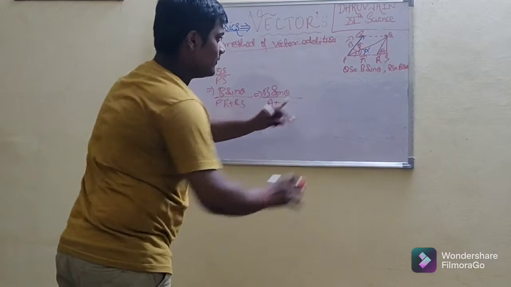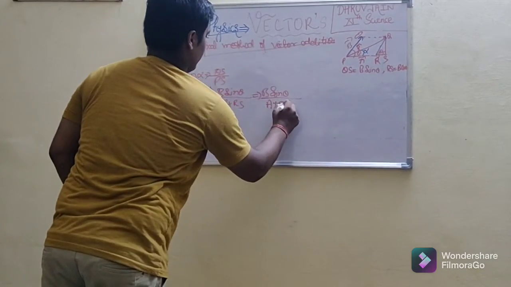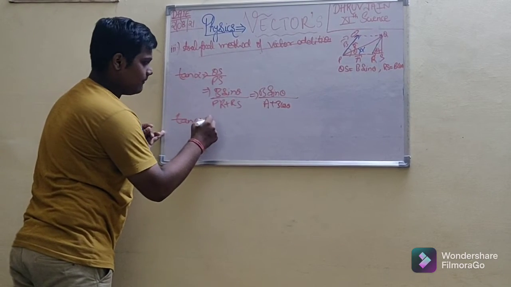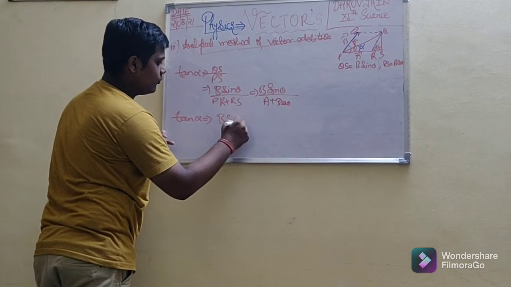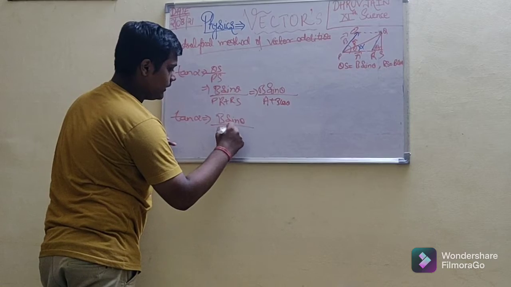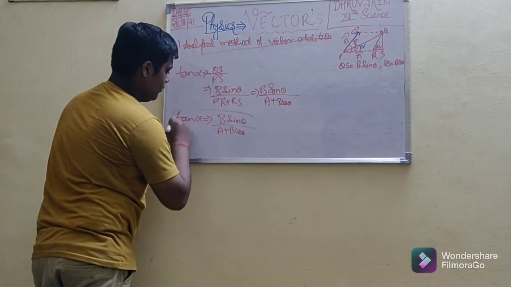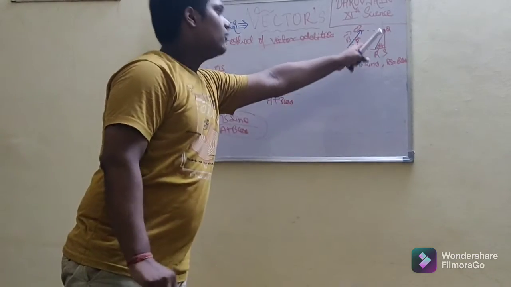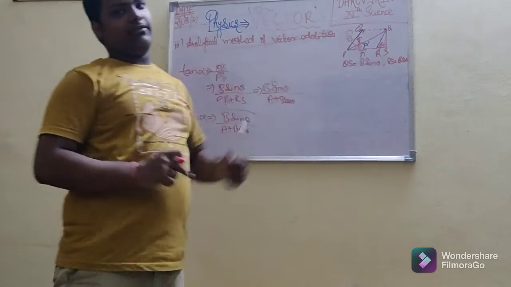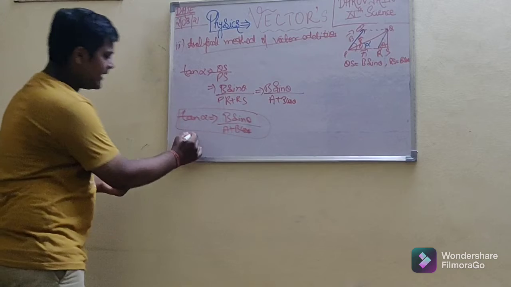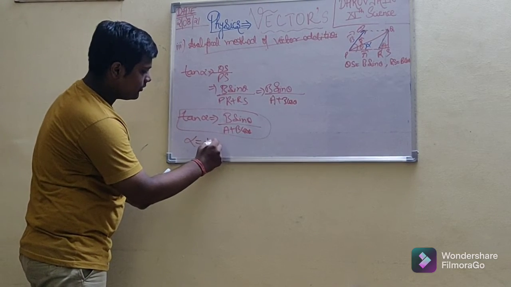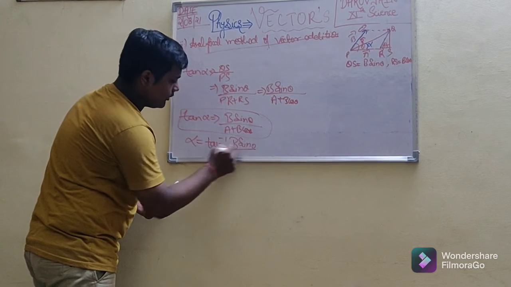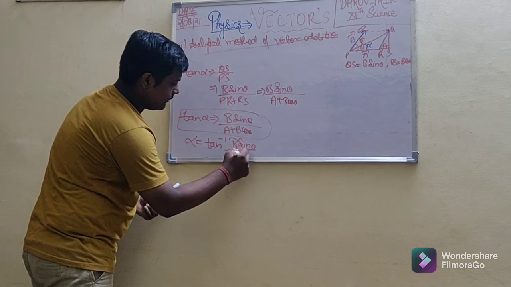And RS represents B cos theta. By applying this, we can find the direction of the resultant vector. We can write alpha equals tan inverse of B sin theta upon A plus B cos theta.